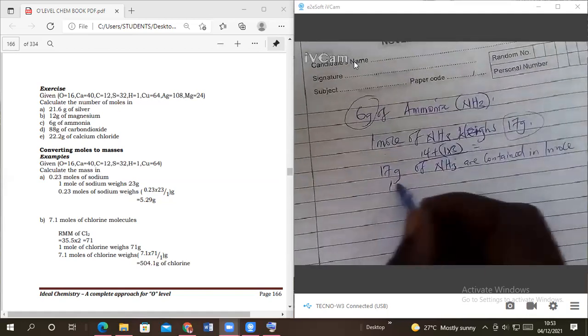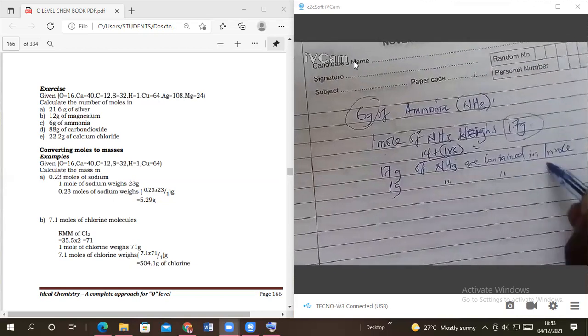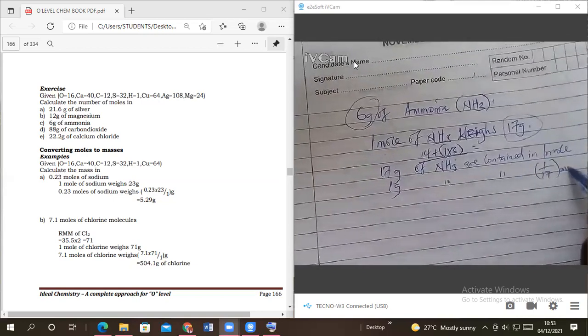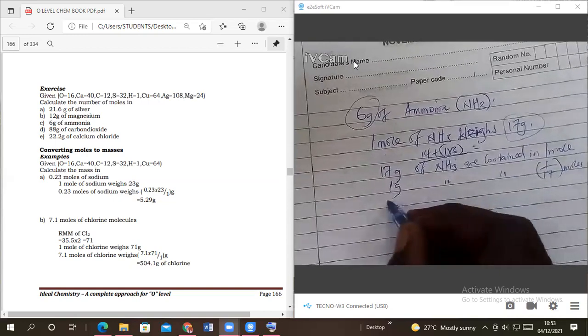What about 1 gram of ammonia? It contains 1 out of 17 moles. What about 6 grams of ammonia? It is 1 out of 17 times 6 moles.